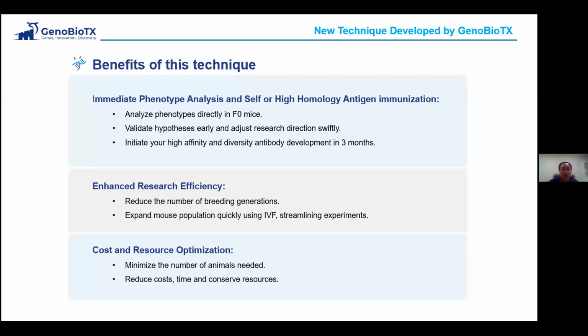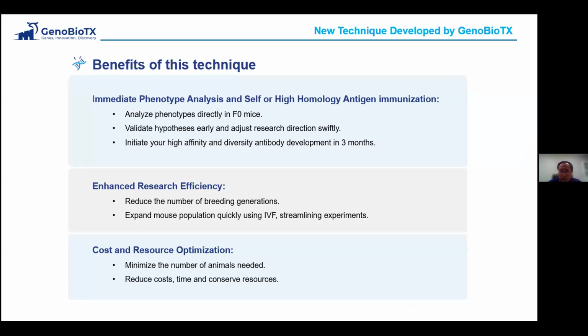By this technology, you can do some immediate phenotype analysis or immunize those mice with self or high homology antigen immunization. So the phenotype can be observed in those F0 mice directly.